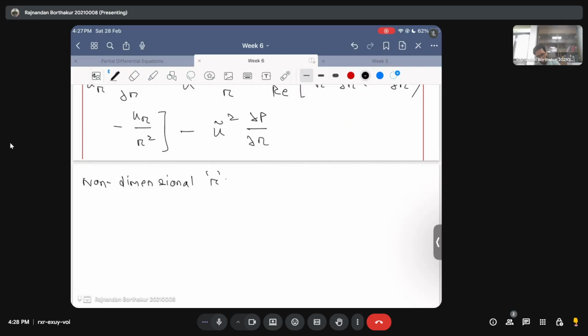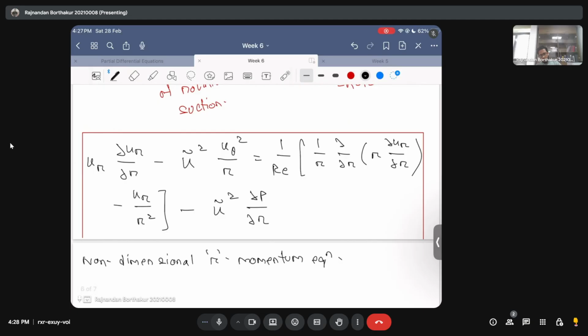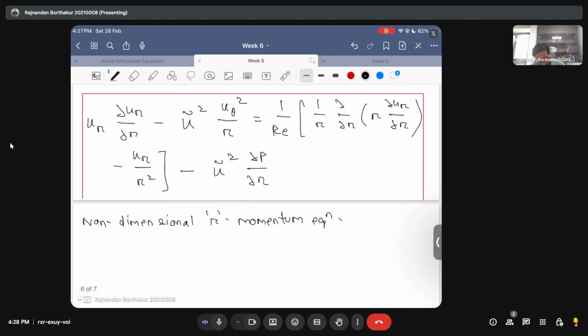Where you can see that you have this U tilde, a non-dimensional number which is just omega A by U, and you also have your 1 by Re term, which is the suction Reynolds number, and then you have all the non-dimensional variables here.